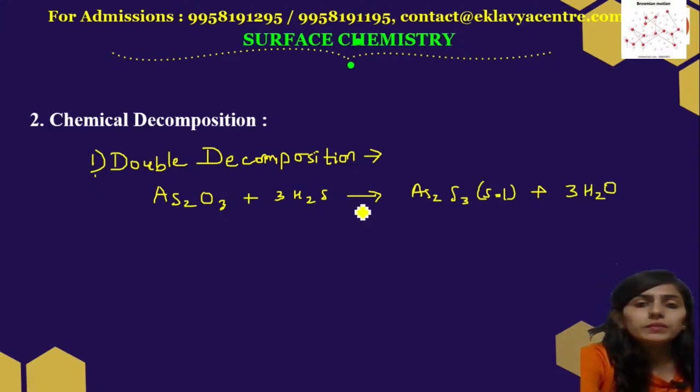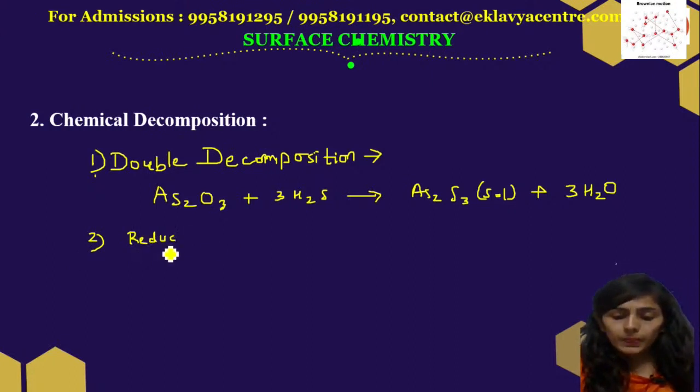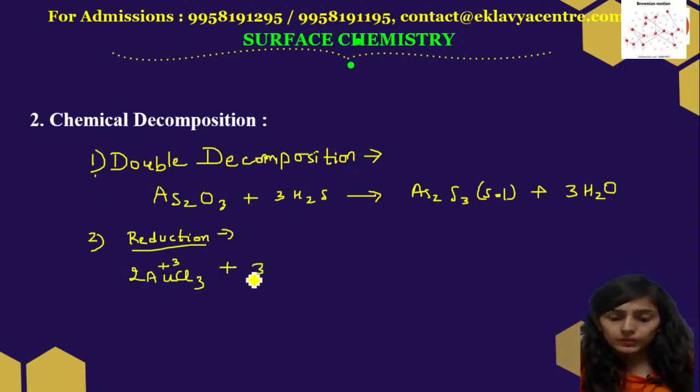Next we have reduction. Suppose we have 2 AuCl3, where the oxidation state of Au is +3. It reacts with 3 HCHO plus water, that is formaldehyde.